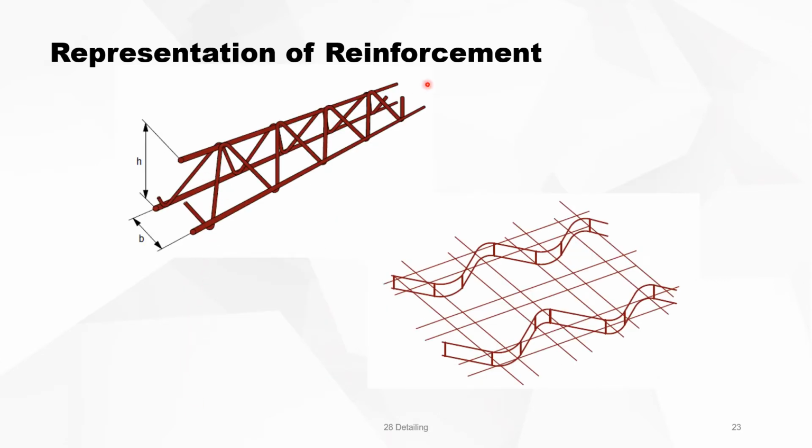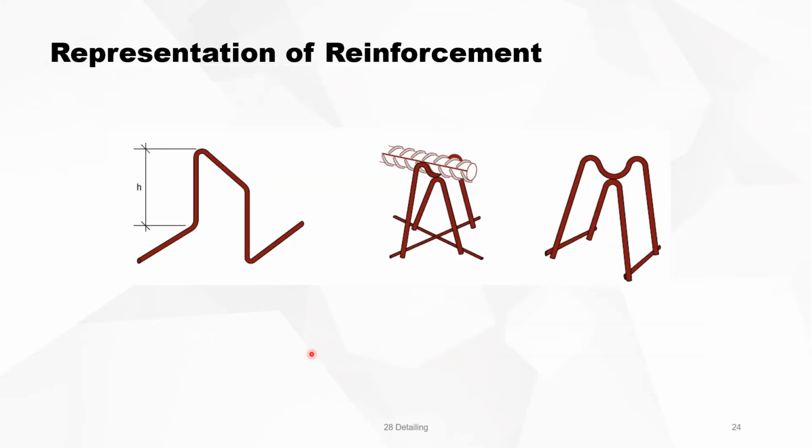You have small girders. You can have them in all shapes. They are in fact nothing more or nothing less than making sure that the distance between two fabric meshes is kept. Then you have all types of little tools in steel to put your rebar on so that you are sure that you have a certain distance.